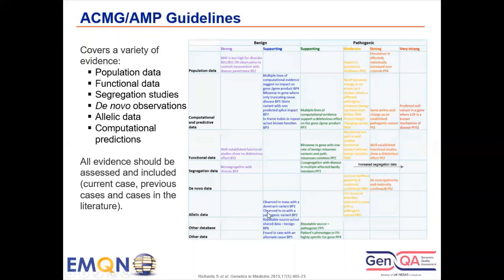And then you can also use different databases, but we will come back to that later. Other data like specific phenotypes are less applicable in the context of BRCA1 and 2 testing.